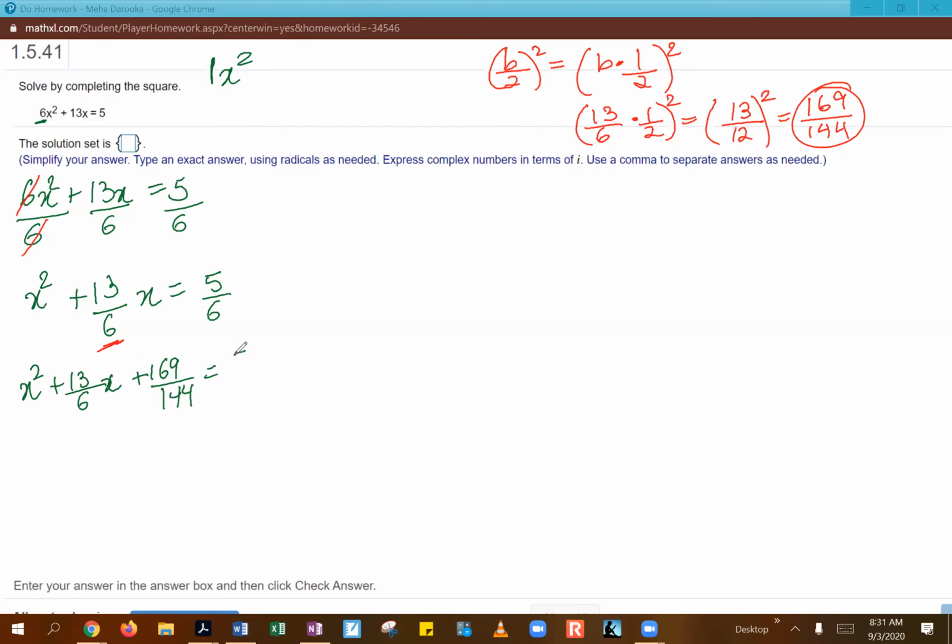And obviously adding that to the right-hand side also, so 5 over 6 plus 169 over 144. So we need to factor the left-hand side and we need to add the right-hand side. Can you tell me what is 5/6 added with 169 over 144?